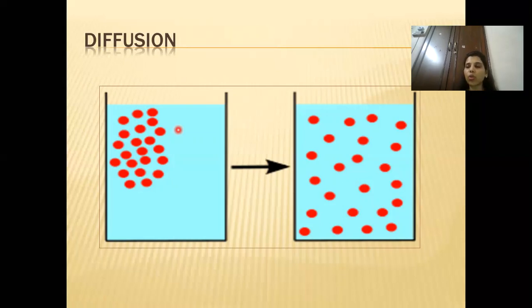In one room it was concentrated, so its concentration was high in that room. And it spread to the area where the concentration of that particular gas was low, and it was in close contact with that. There is no particular membrane there when it is spreading. That's why the word diffusion is used.